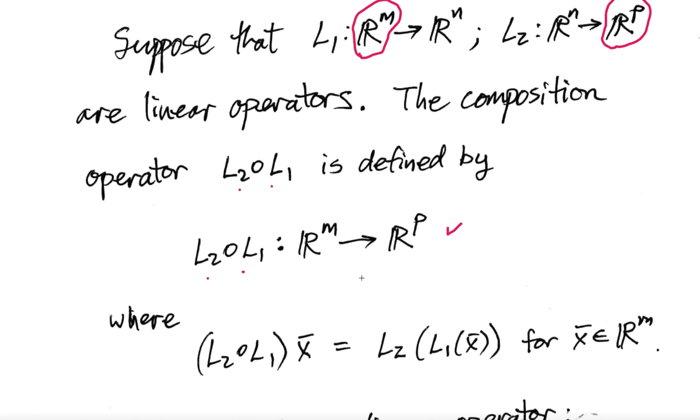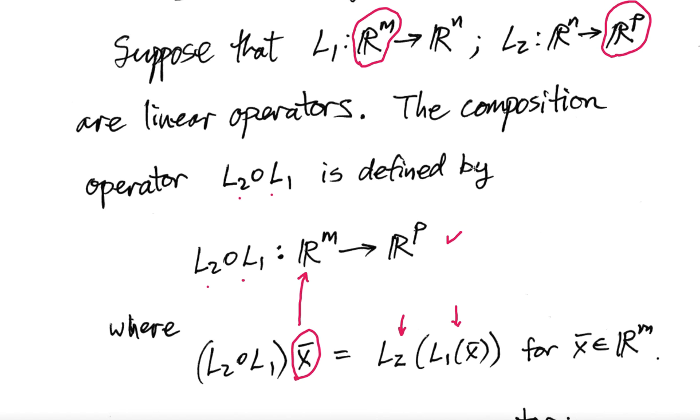Just to remind you about composition, if I say L2 composed with L1 of x, where x is coming from R^m, all you do is take L1 of x first and compute what that is. Then that result goes into L2. When I take L1 of x, what pops out?